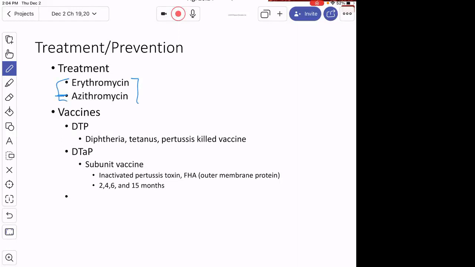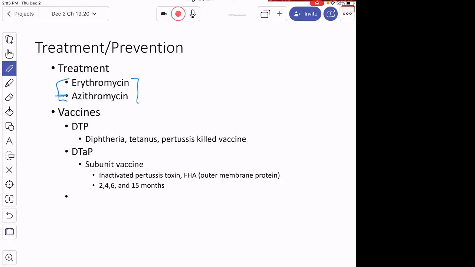Interestingly enough, the antibiotics really don't speed up the convalescence time, because it's really the toxins that prolong the illness. We do give the patient antibiotics though, because it makes them less likely to transmit it when they're coughing. So we give antibiotics and then basically just have to wait it out.